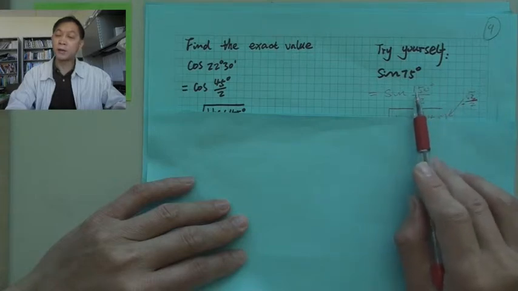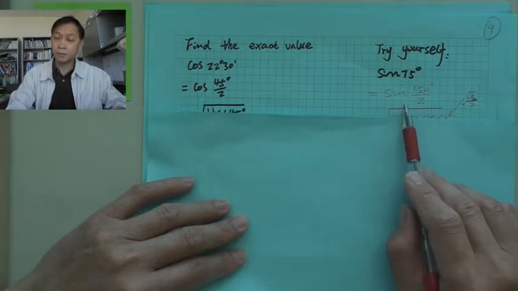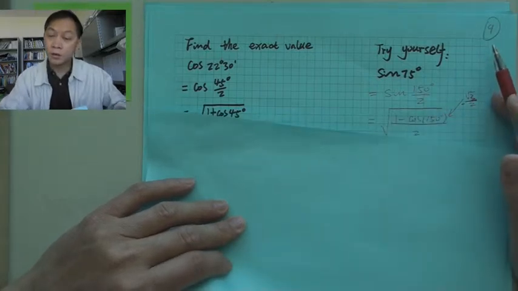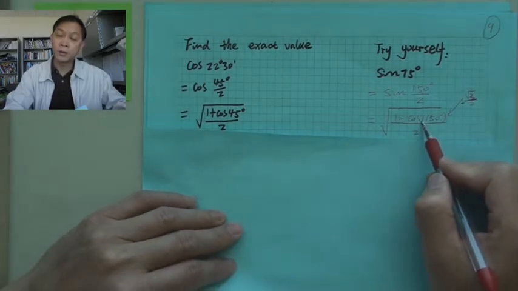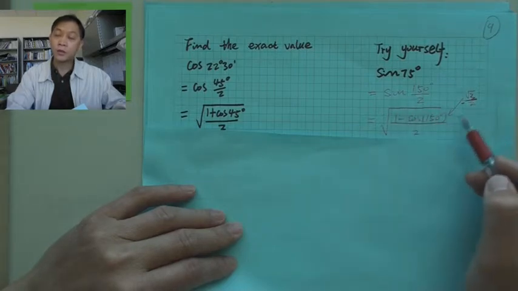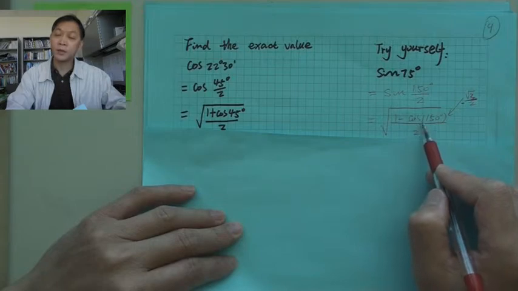Oh, here is cosine, because 1 minus cosine is sine. So you got to consider cosine. Okay, cosine.